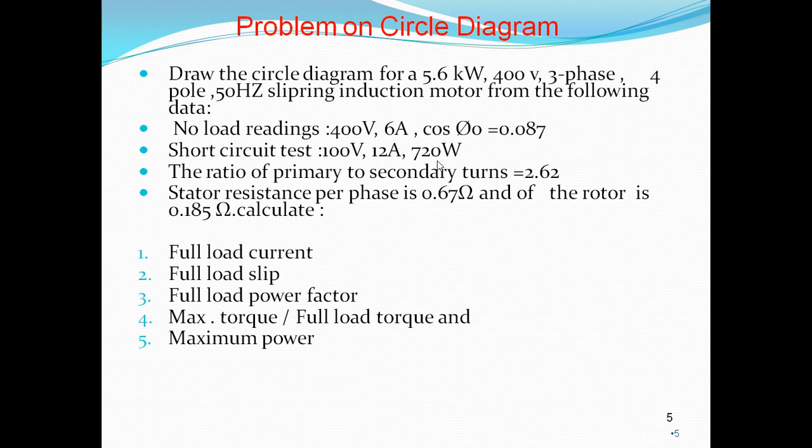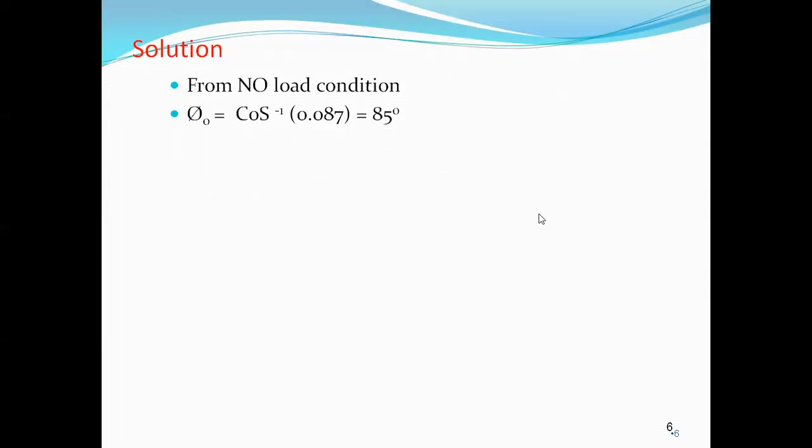The ratio of primary to secondary turns is 2.62, stator resistance is 0.67 ohms, and rotor resistance is 0.185 ohms.